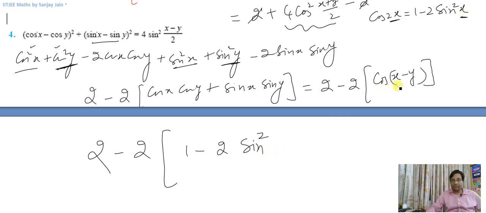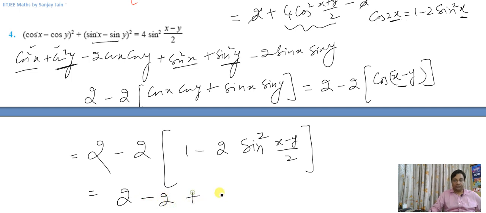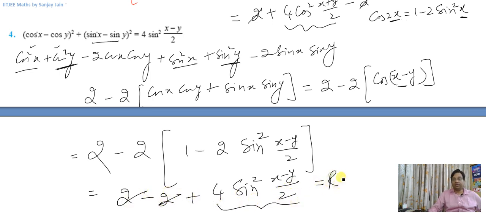So half of this angle I'll write here, (x minus y)/2. And if you simplify it further, it will be 2 minus 2 plus 4 sin squared (x minus y)/2, and this will be cancelled, and this will give you your right hand side. So this is also proved. Let us see what we have next.